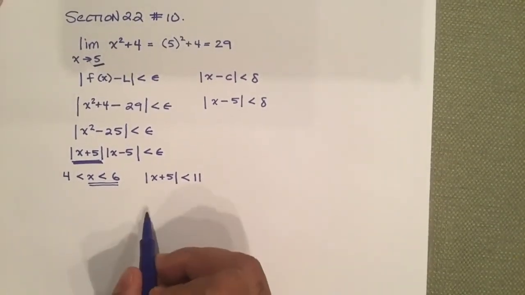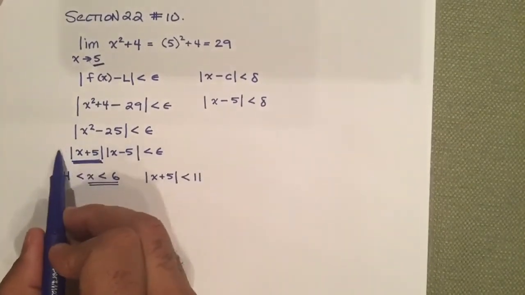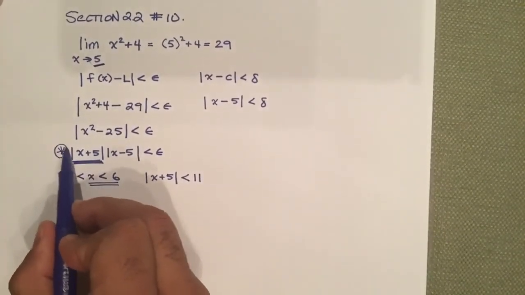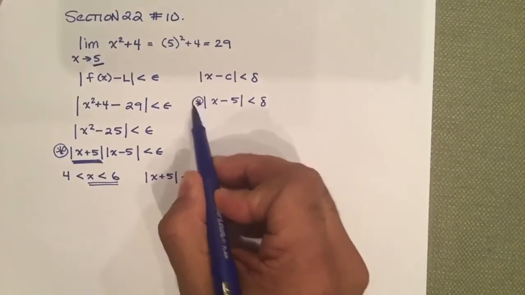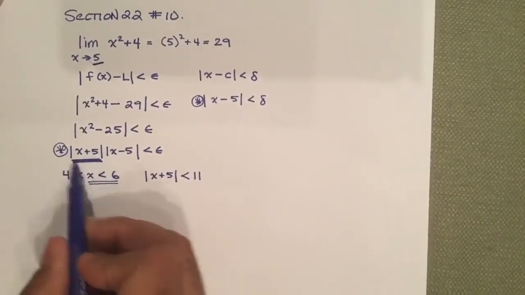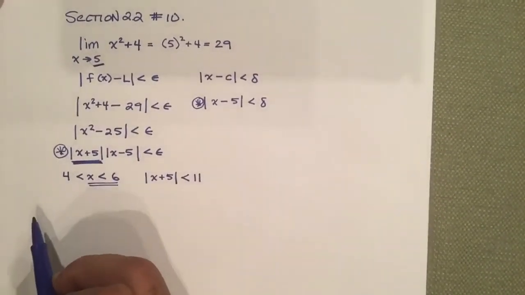So here's the idea. We want to link this statement up with this one over here, right? So our goal is to kind of eliminate this x plus 5 from the inequality, and this is how we do that.